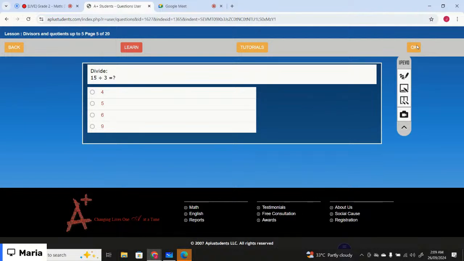You just have to divide, not add. 15 divided by 3 is 5. 3 times 5 is 15. The correct option is 5.